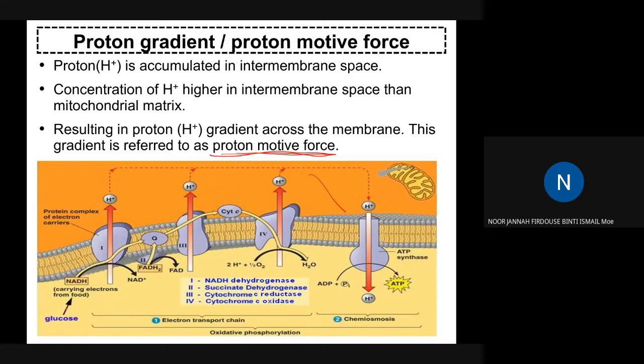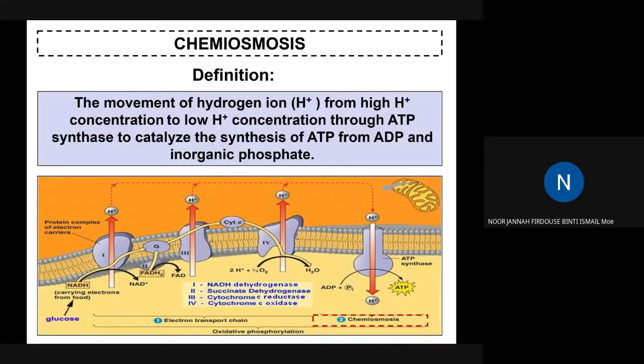When proton motive force is created, this will start the process of chemiosmosis. What is chemiosmosis? It is the movement of hydrogen ion from high hydrogen ion concentration to lower hydrogen ion concentration through ATP synthase. It should pass through the specific enzyme.